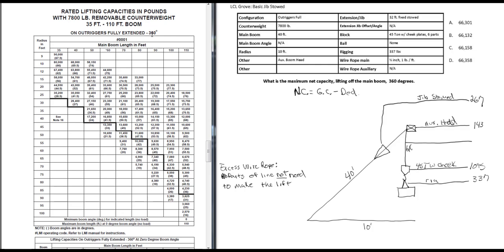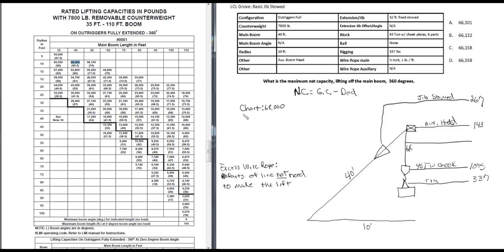This is the correct chart that we want to use. We've got a boom length of 40 and a radius of 10. So 68,000 is our chart capacity. Go ahead and write that down.